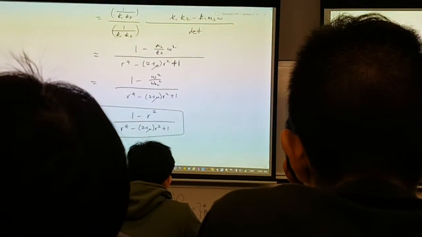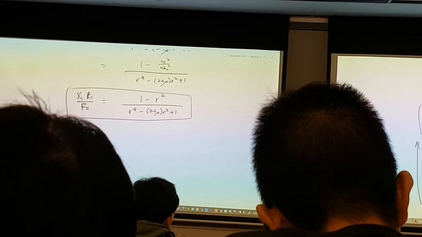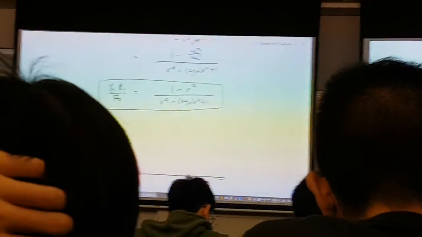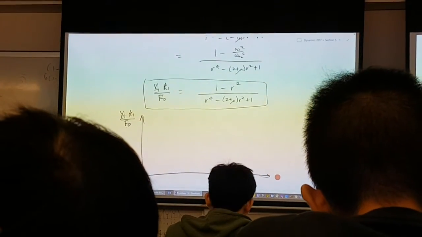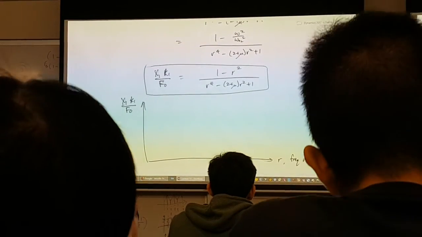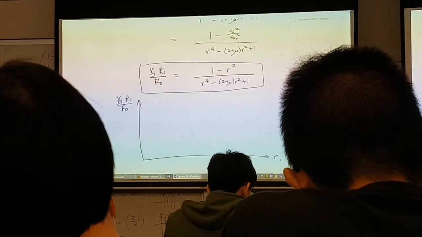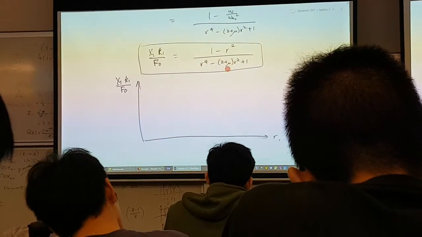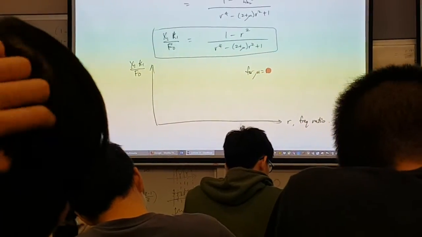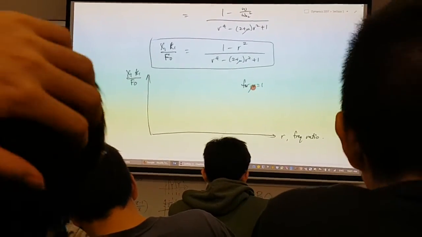I'm interested in this equation by plotting x1 k1 over f0 versus R, which is my frequency ratio. I'm interested in this. If I do the plot, I'm just going to plot for mu equal to 1. There are a lot of other mu values. Note that mu is your mass ratio.